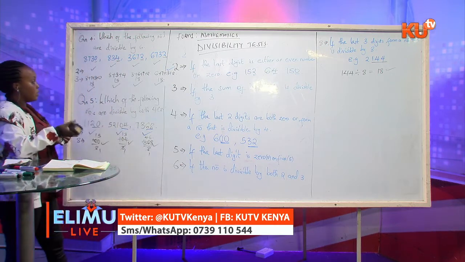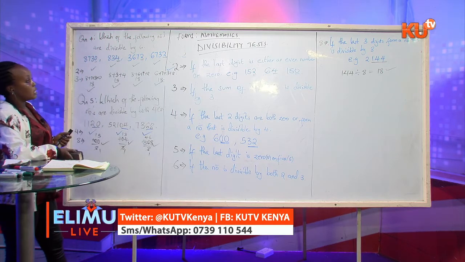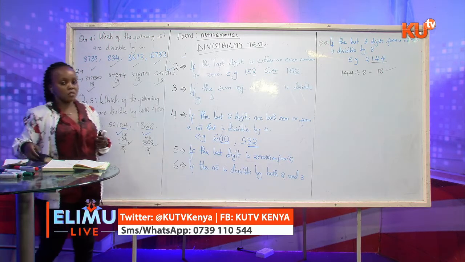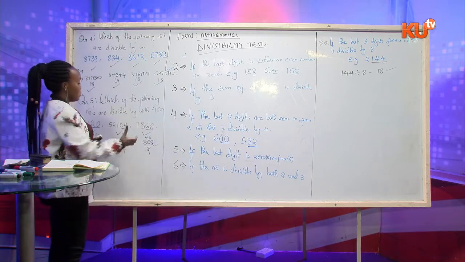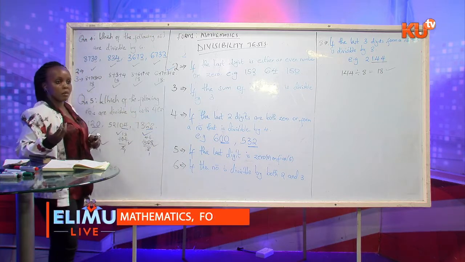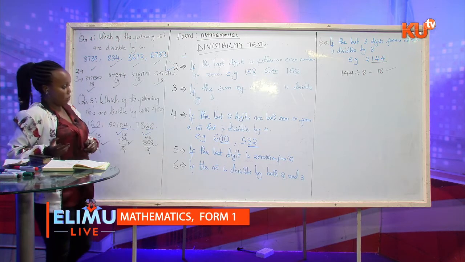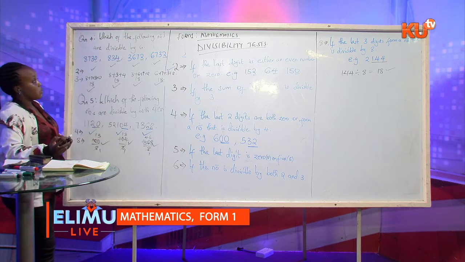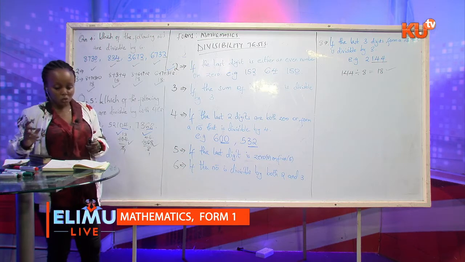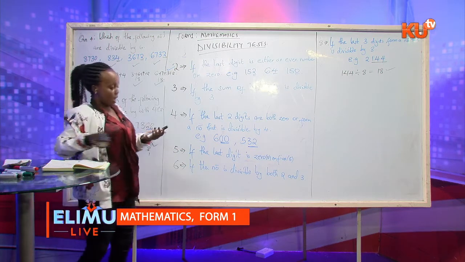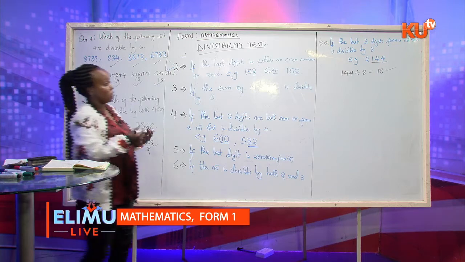If you know the divisibility test, you don't have to take the whole number and divide it by 8 or by 4 to know if that number is divisible by either 4 or 8. The divisibility test makes it easier for you. So let us go on with divisibility test for 9. A number for 9.